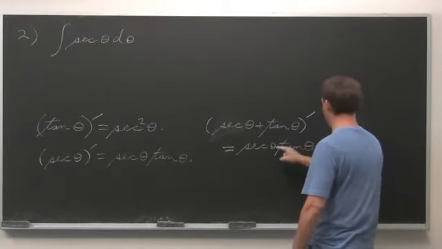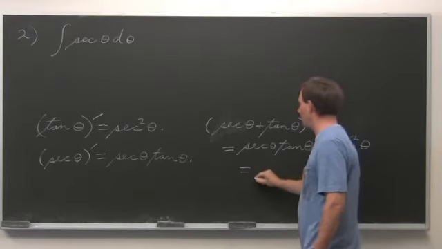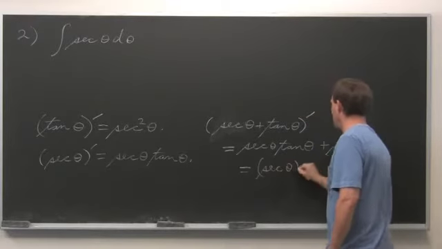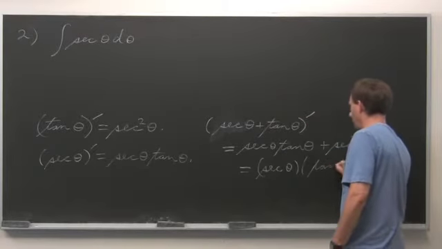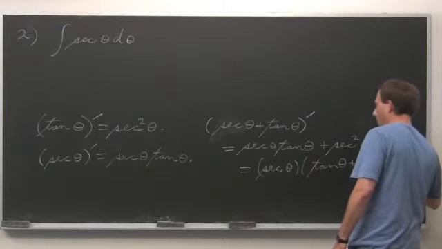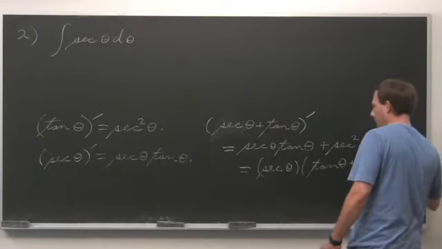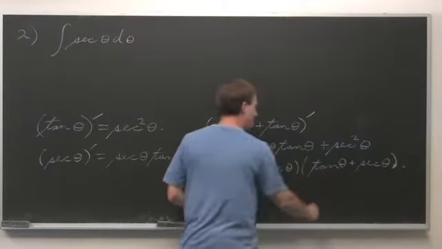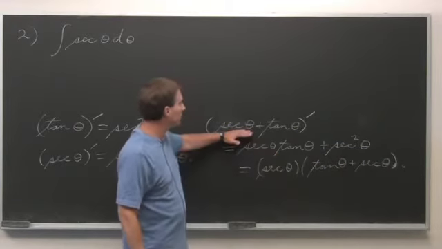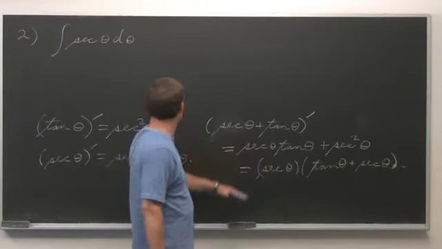And you can factor secant theta out of both places. You get secant theta times tan theta plus secant theta. Who cares? Why do we care about this? Well, this part in parentheses right here, tan theta plus secant theta, is the same thing that we started with. So what does this line show?